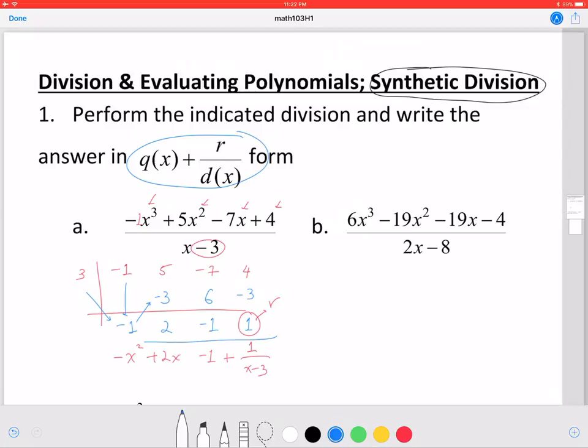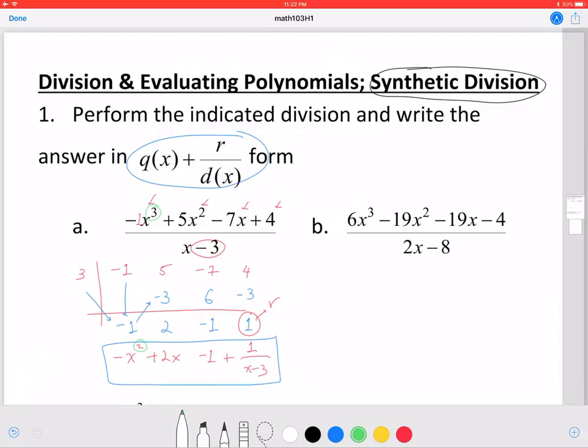This is our final answer. If you're wondering how I knew to start with x squared, it is always one degree less than the leading term, which is a cubed term, and that goes down to x squared.